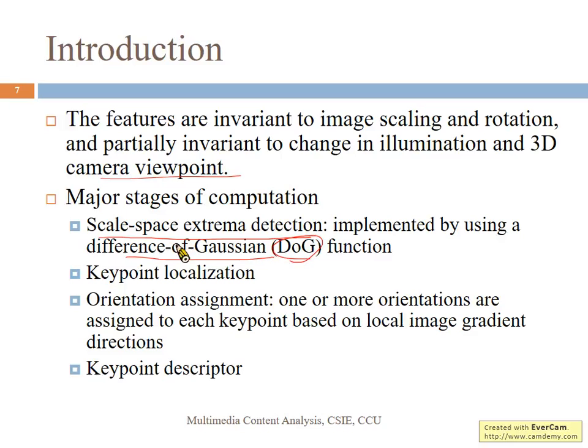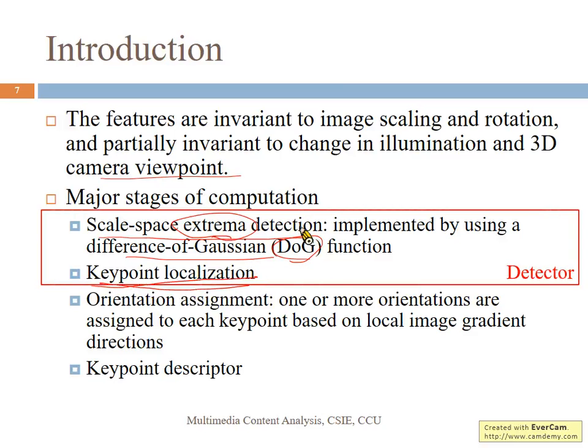We use the difference of Gaussian to find the extrema. Then we do some refinement to locate the position of the key points. These two steps correspond to the detector. That means it is used to detect the location of key points.